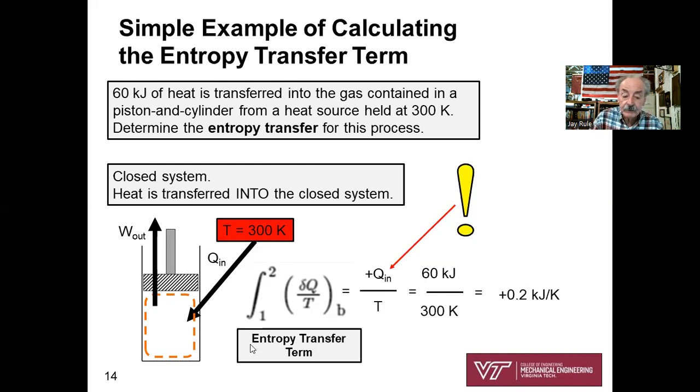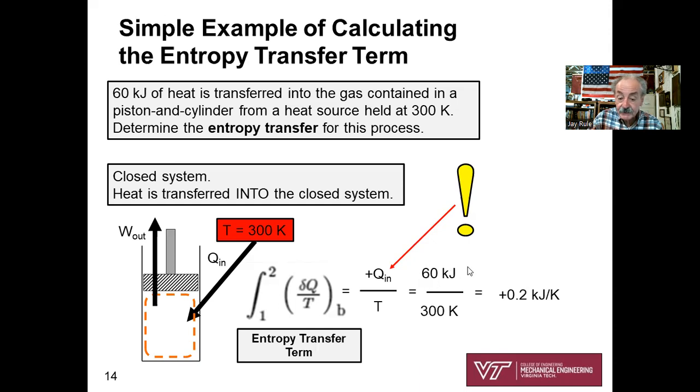How will I determine the entropy transfer term? I'm going to study my closed system. I see one instance of heat transfer. There it is. So I can do the integral, recognizing that Q positive is in. Q positive is in. That's what I have in my example.